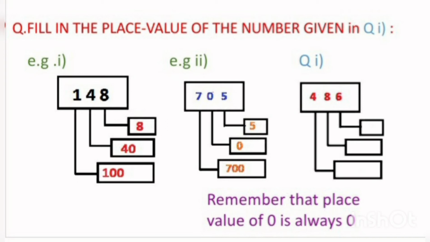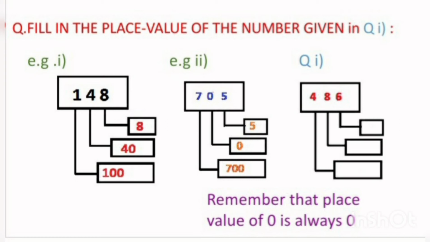Here in the second question, similarly, the number given is 705. 5 is in which place? Ones place. So its place value is 5. 0 is in tens place and its place value will be 0.